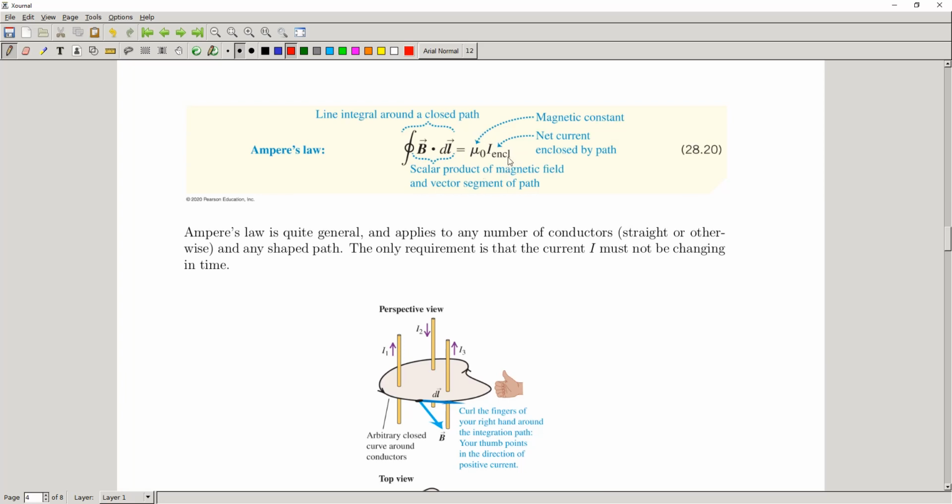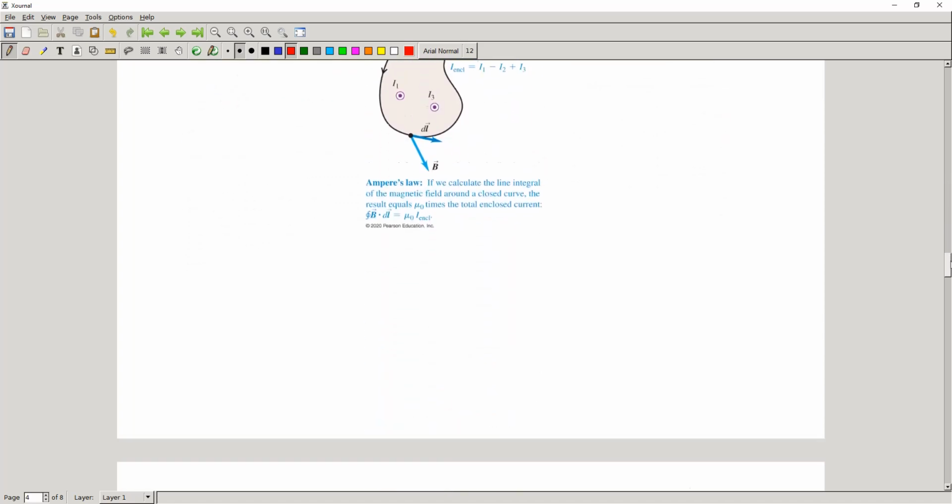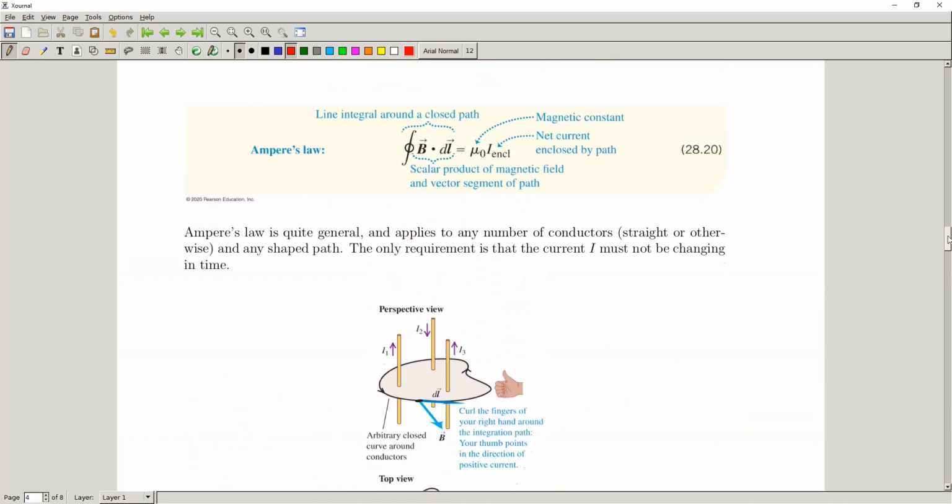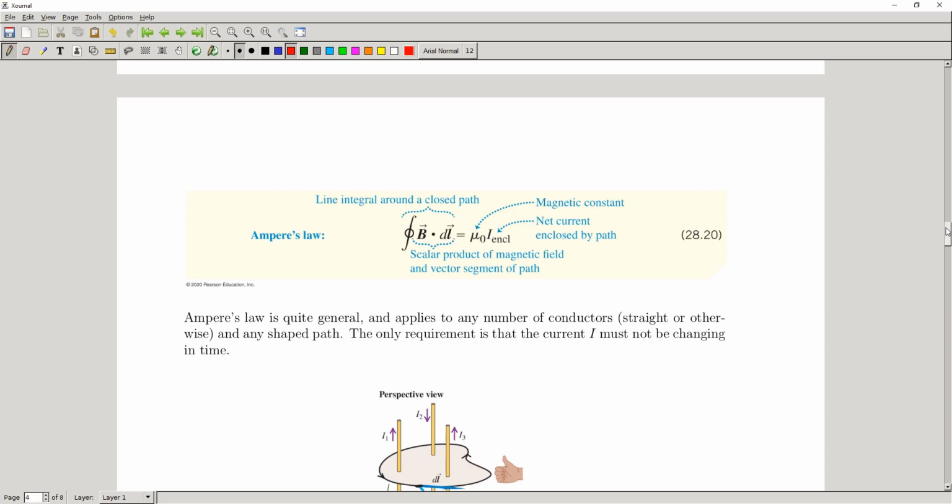Where there is enclosed current, we know that this line integral is non-zero, and then it becomes a question: is there sufficient symmetry that we can actually pull out B from that integral easily, right? And so we're going to take a look at a number of examples of that in the next video. But for now, I'll leave it here, and like I said, we'll look at those examples in the next one.